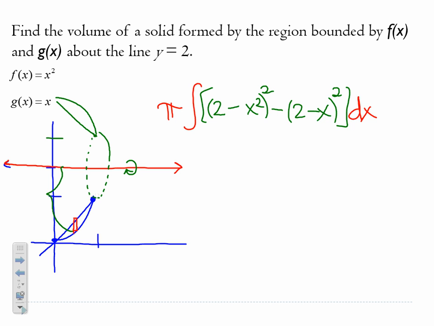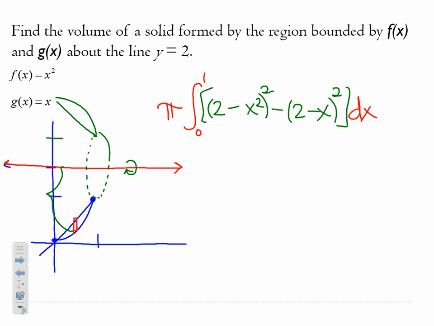Because I know it's different from our other problems. Once we have a line that is not the x-axis, our radii are no longer just a function. We have to talk about their distance to our axis of rotation. Now, what are our limits of integration? 0 to 1.